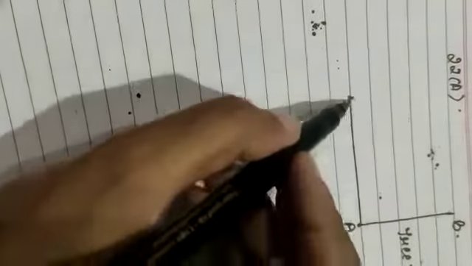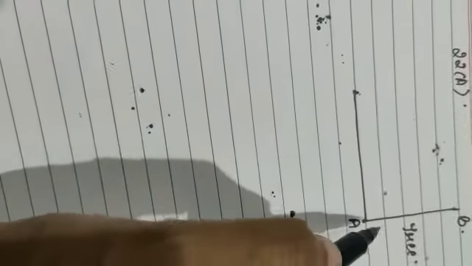This is a tree, take it as A and B. The height of a tree is under root 3 times the length of its shadow. We know that if it is a tree, its shadow will be like this, right?